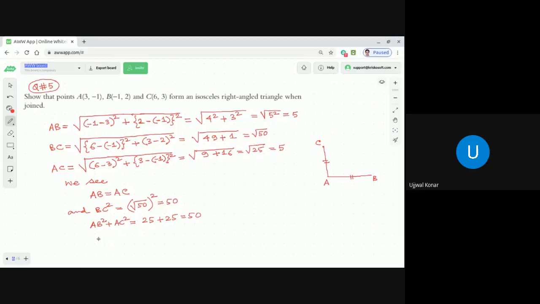So as BC square is equal to AB square plus AC square, this implies triangle ABC is right angled. Correct or not, dear students? And as AB is equal to AC, this implies triangle ABC is isosceles.